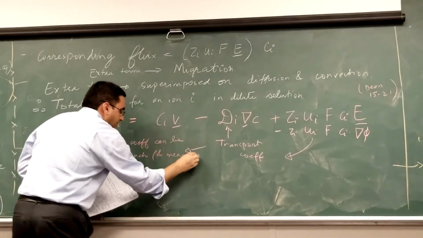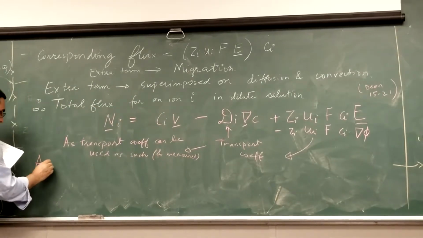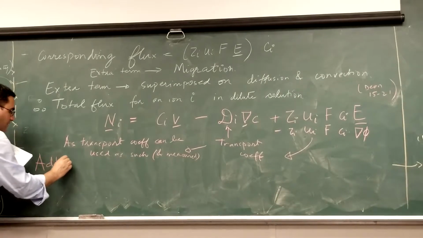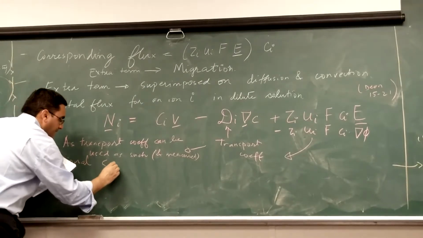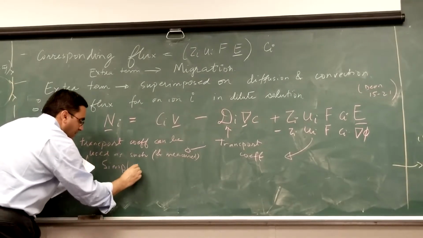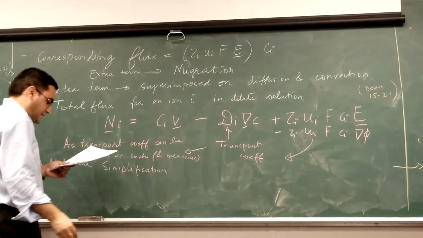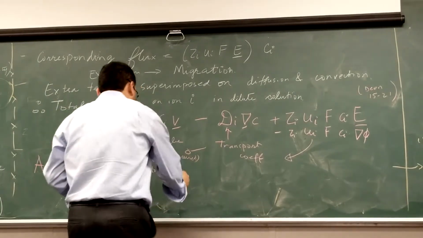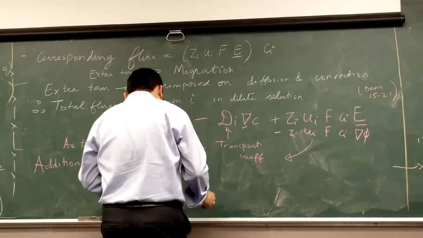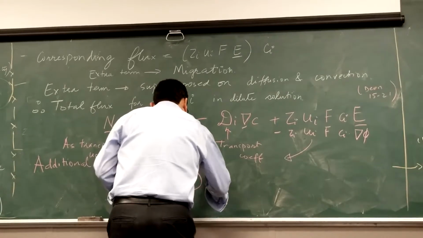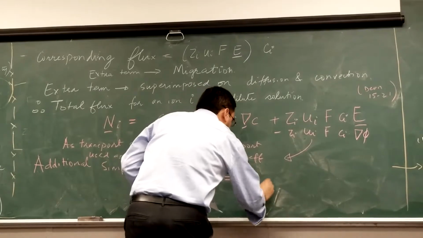This description is complete in itself, but you can do additional simplification, as soon as you recognize that in this case your diffusivity itself can be written as RT times Ui.